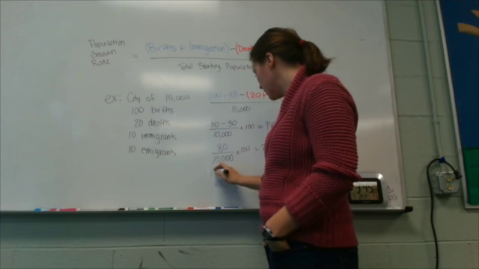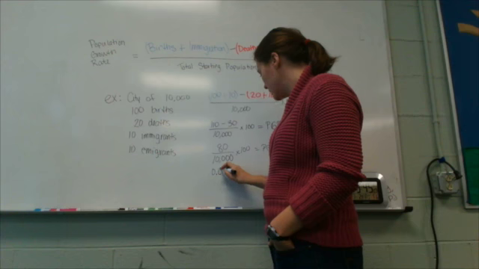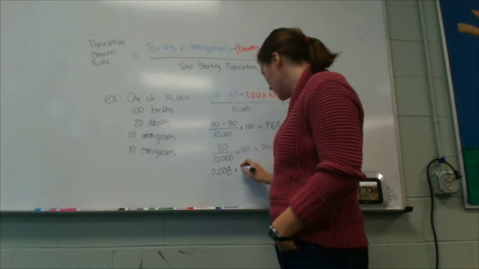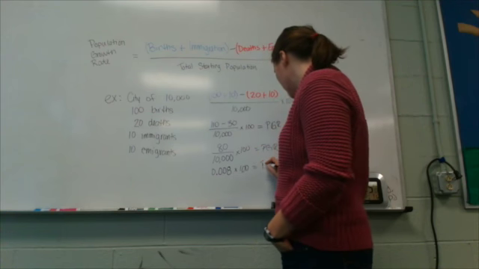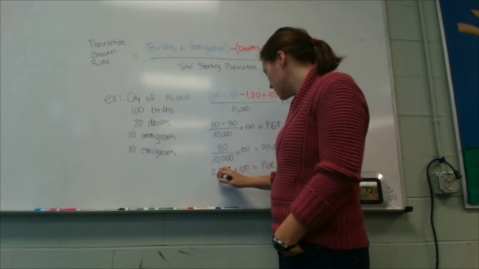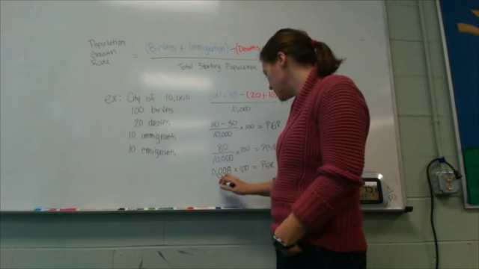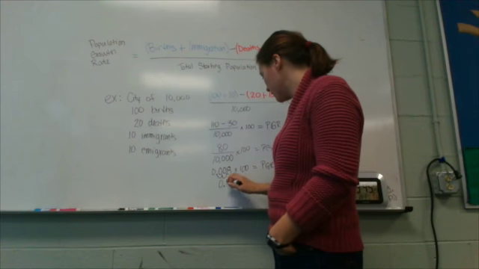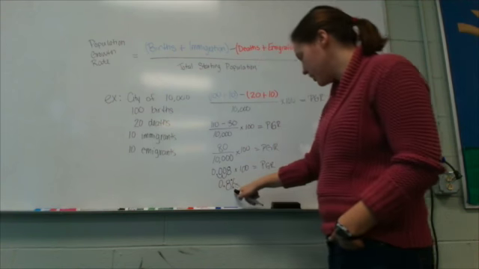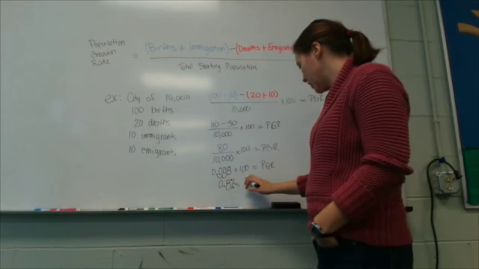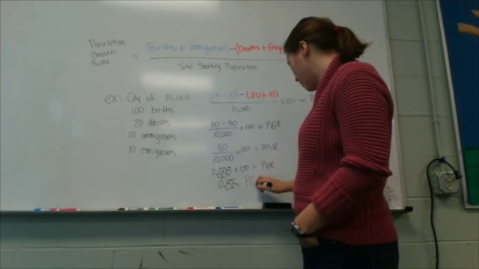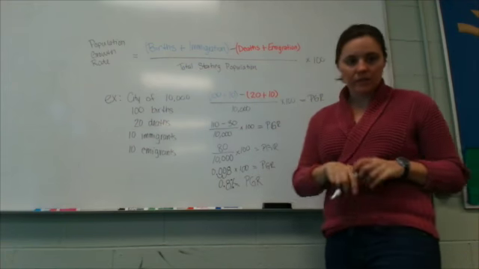So that would be tenths, hundredths, thousandths, times 100. Okay, so then we multiply by 100. So then that effectively moves our decimal places that way. So since we multiplied by 100, that's going to be a percent. So that is our population growth rate for this city.